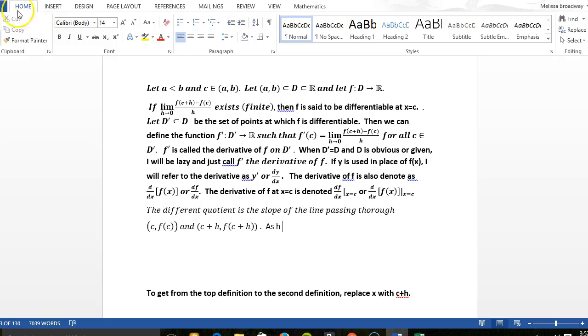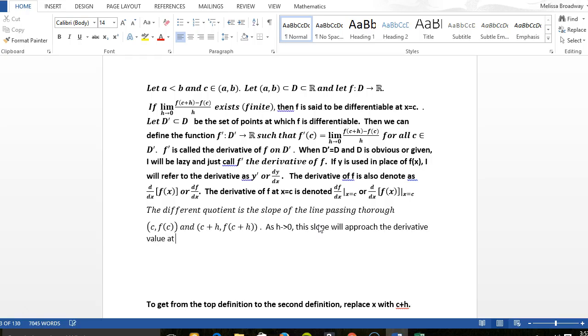Now that's for a fixed h. If we let h vary, and let h hone in on 0, the slope of this line will approach our derivative value at x equals c.